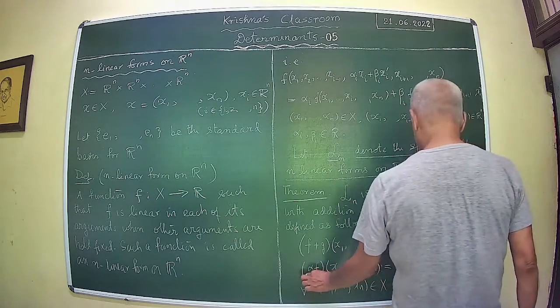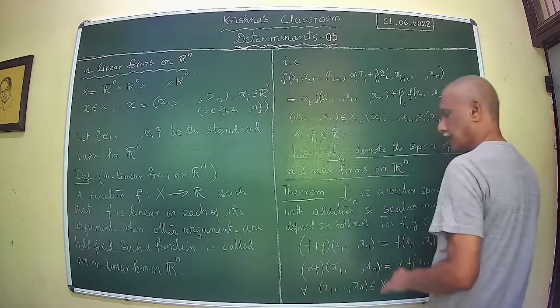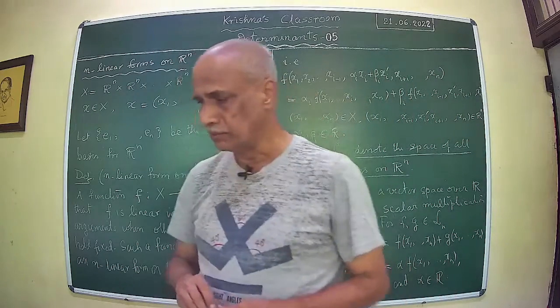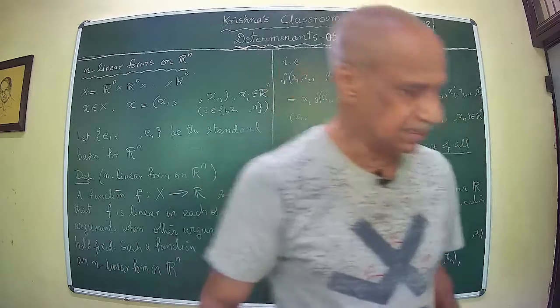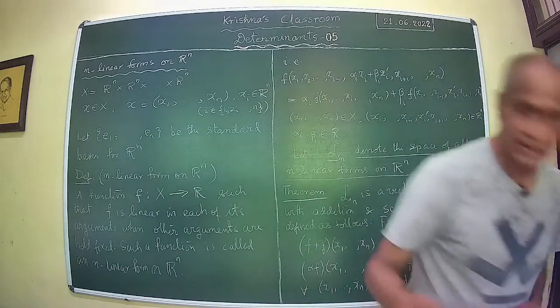So also alpha f is n linear. Now that is simple to verify. So I leave it as an exercise to do that.